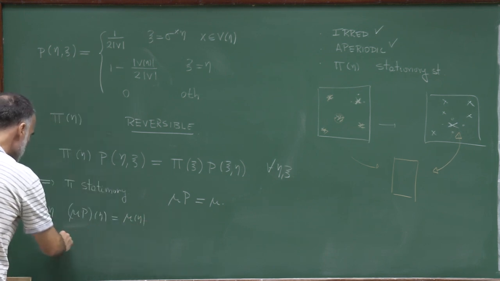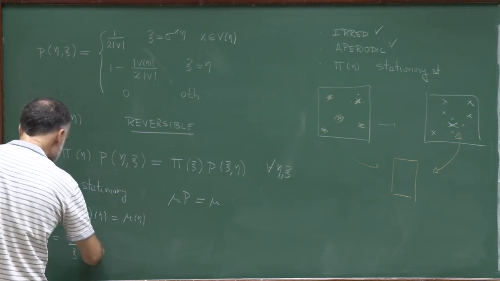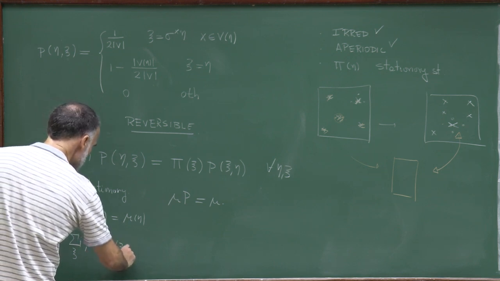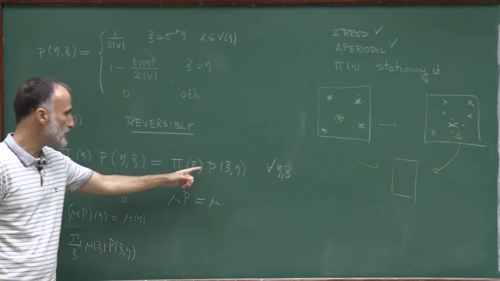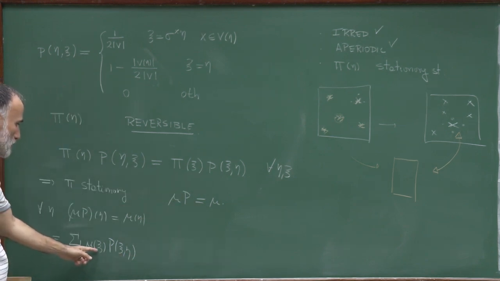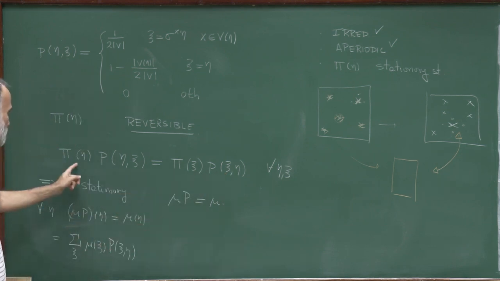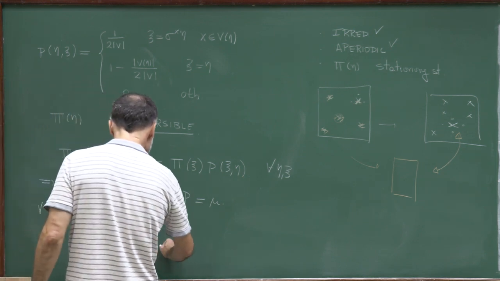But what is mu p of eta? This is the sum over all psi of mu of psi p of psi eta. So this is the left-hand side. Now let me use the detailed balance condition to replace mu of psi p of psi eta by mu of eta p of eta psi.